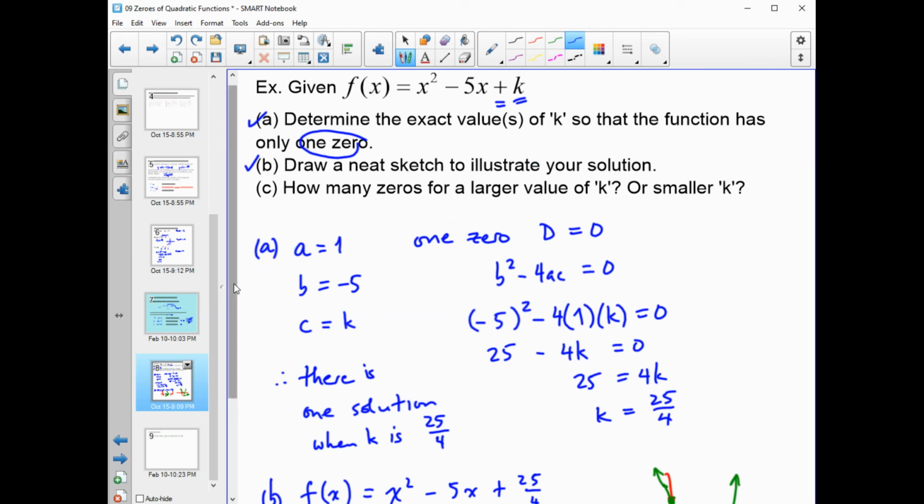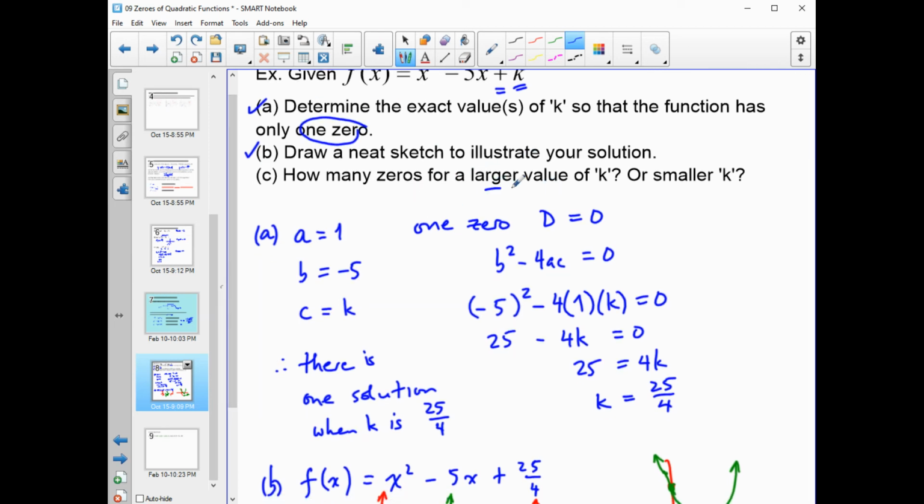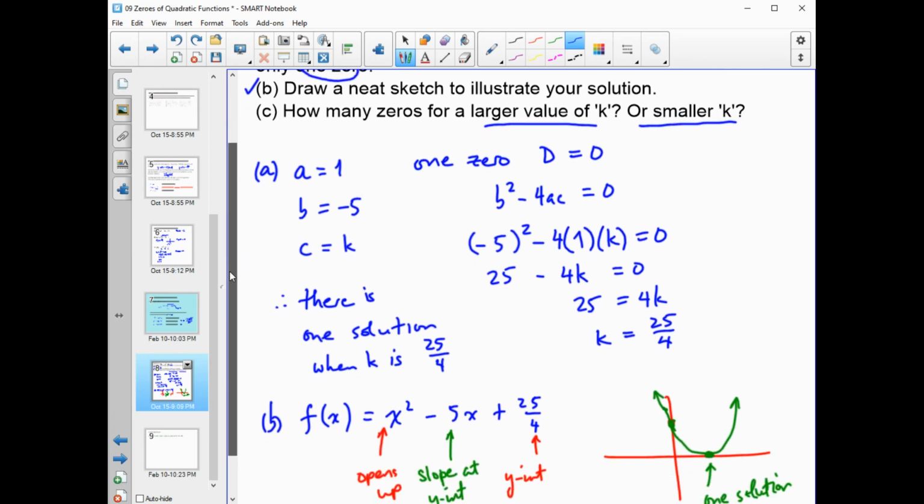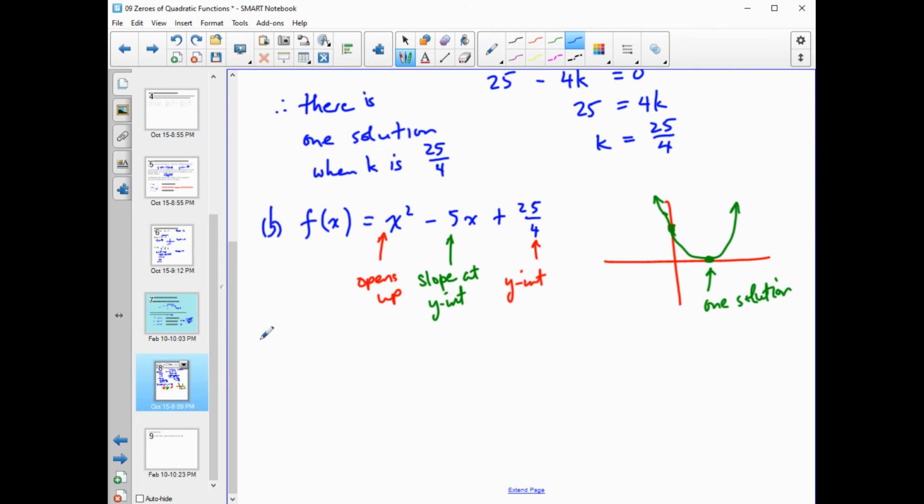Now, what happens if we go with larger values of k? Or what happens if we go with smaller values of k? What would be the overall result? So let's try to imagine that. If we take a larger k, what does that mean? That means the y-intercept moves up, because 25/4 represents the y-intercept.